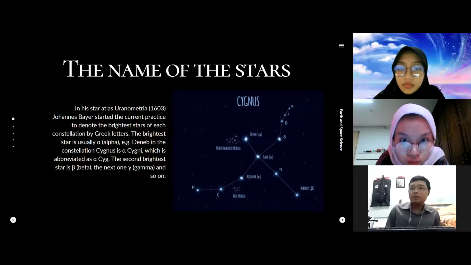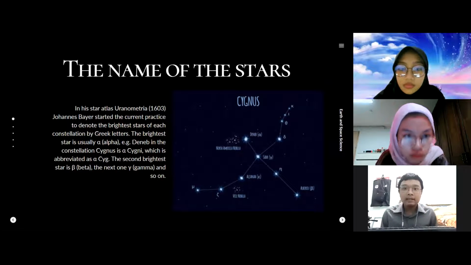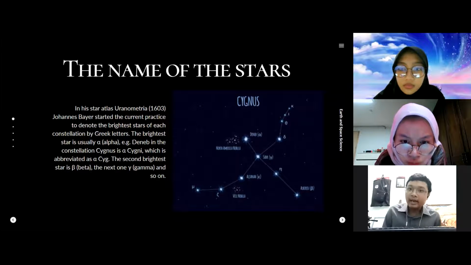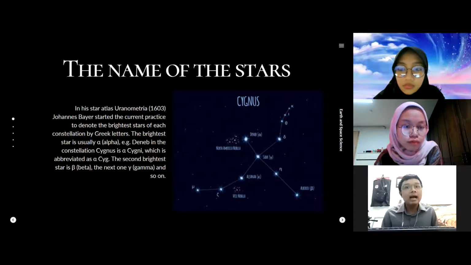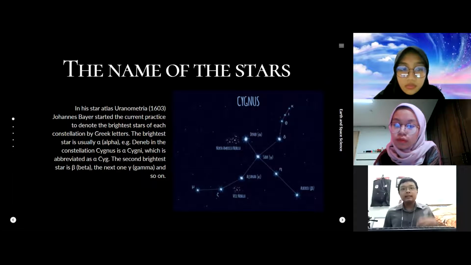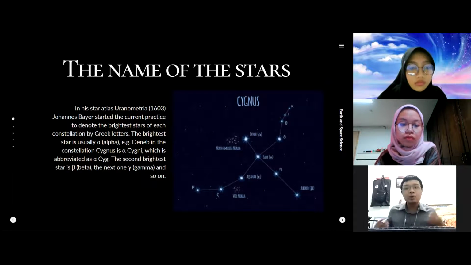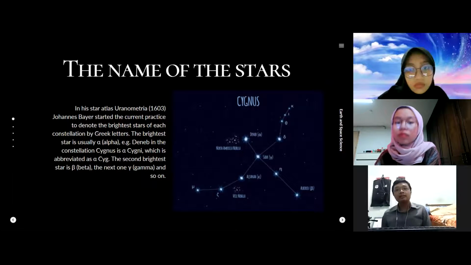For example, Deneb, in the constellation Cygnus, is Alpha Cygni, which is abbreviated as Alpha Cyg. So it means Deneb is the brightest in Cygnus. The second brightest star is Beta, and the next one is Gamma, and so on. So that's the names of the stars.